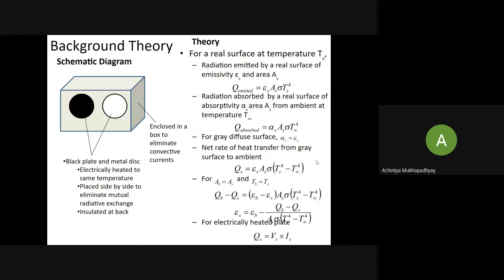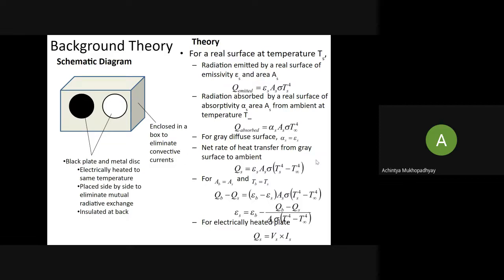Instead of writing alpha s as sigma T infinity to the power 4, I can write it as epsilon s as sigma T infinity to the power 4. So the net rate of heat transfer from the gray surface to the ambient is given by epsilon s as sigma times Ts to the power 4 minus T infinity to the power 4. Okay.